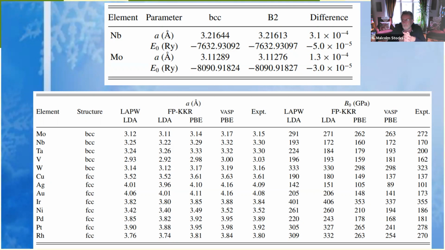But for some of them, I'm trying to remember which particular elements did that, but basically, if you look at the density of states, you do a KKR CPA calculation and you do a supercell calculation, and they both give basically the same answers, which means that these little distortions don't matter.